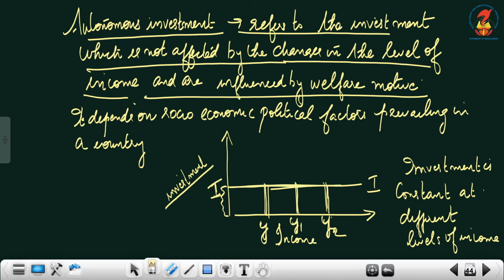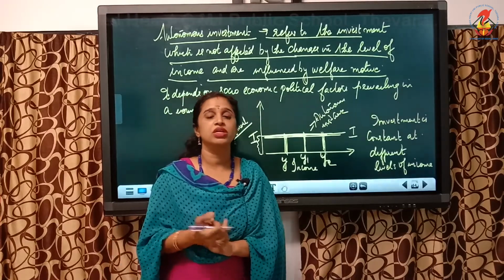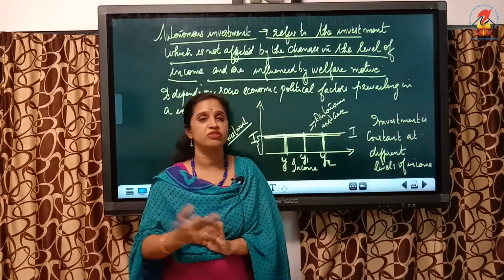Therefore, this is the autonomous investment curve. I can write it here as autonomous investment curve. This curve remains parallel to the x-axis. So what is the difference in the shape between the curves of induced investment and autonomous investment?